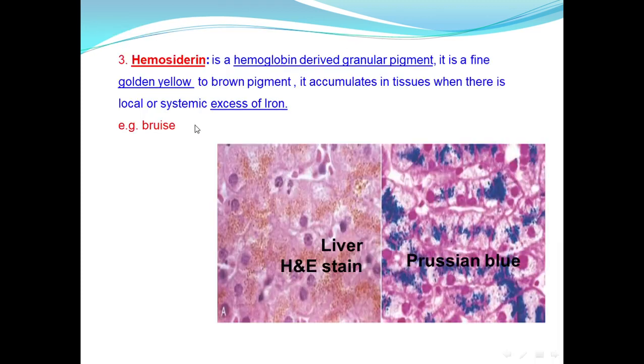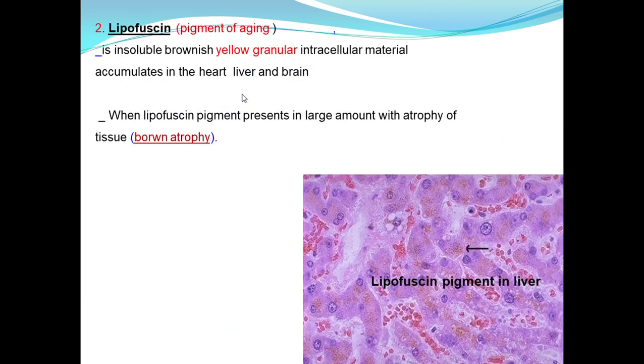When lipofuscin pigment is present in large amounts with atrophy of the tissue, we call it brown atrophy. This is the appearance of lipofuscin pigment in the liver.